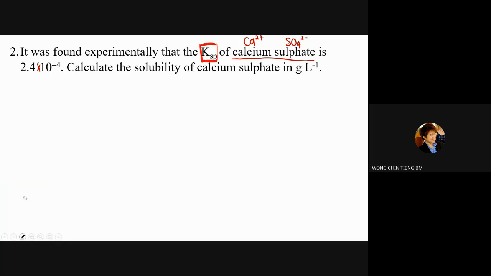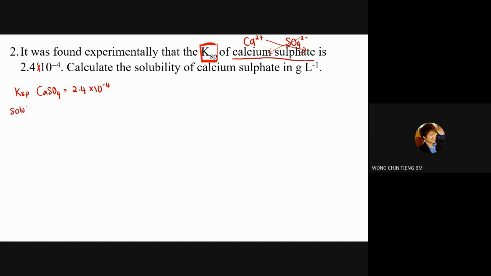KSP untuk siapa? Calcium sulfate. So it's a CaSO4. Given 2.4 times 10 to the power of negative 4. Setuju? Okay. Next. Calculate the solubility of calcium sulfate in gram per liter.